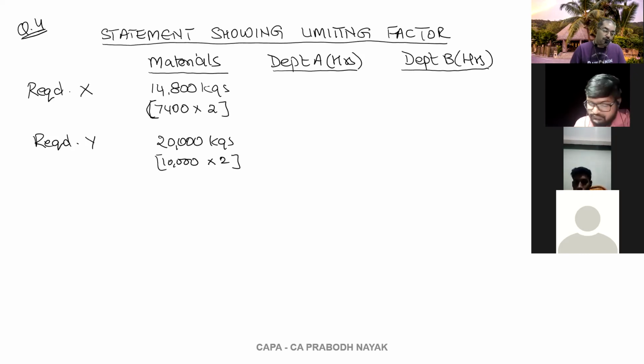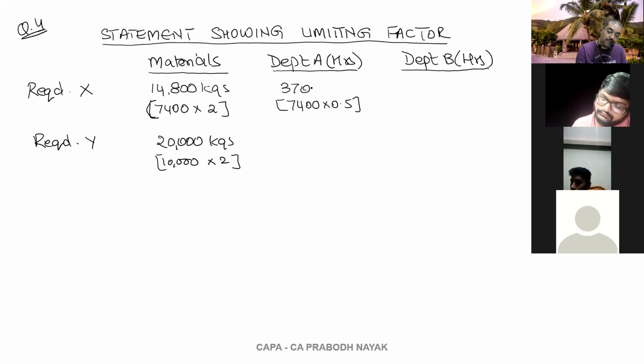So 7,400 into 0.5, that is 3,700 hours. And for Y, it is 0.3 hours. So it is 10,000 into 0.3 hours. That is 3,000 hours.